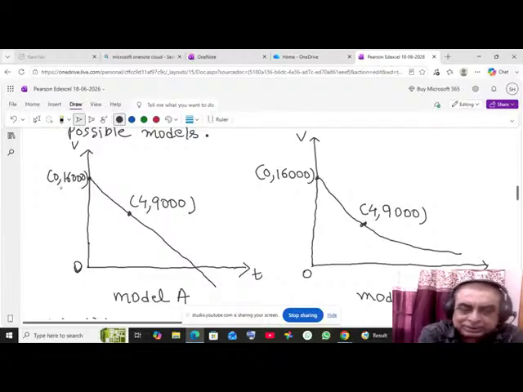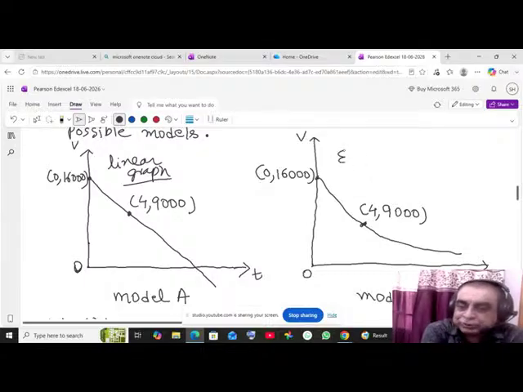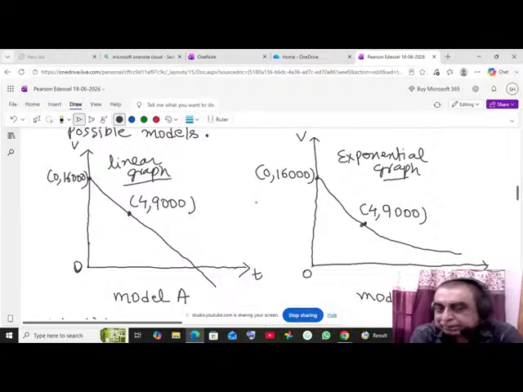And in the starting, the x coordinate is 0, that is time is 0, and the y coordinate is 16,000, the daily volume drilled. The first model is a straight line, a linear graph, and the second model is an exponential graph. These are the two models made by the company.